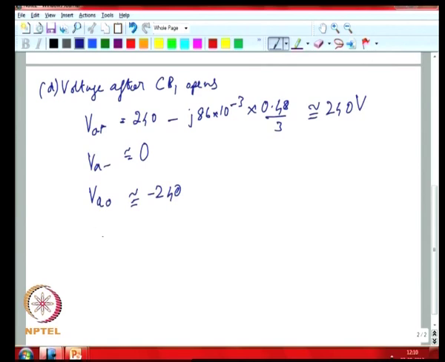So, the voltage on the phase on which the fault has occurred drops to 0, and VB is approximately your line to line voltage, and VC also has a magnitude of your line to line voltage on a conductor to ground basis.